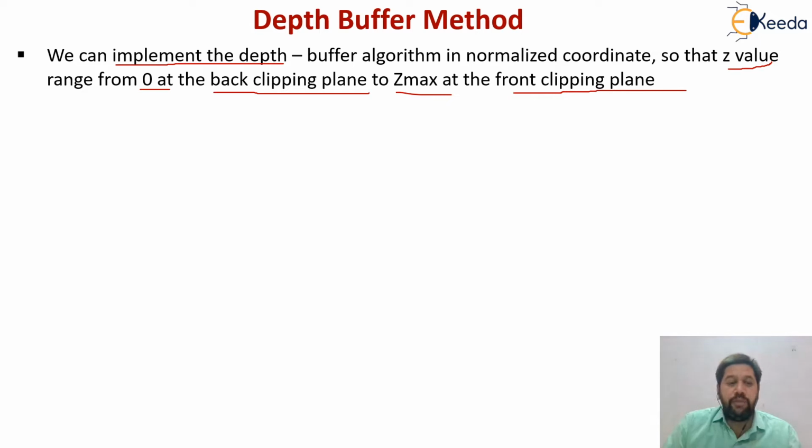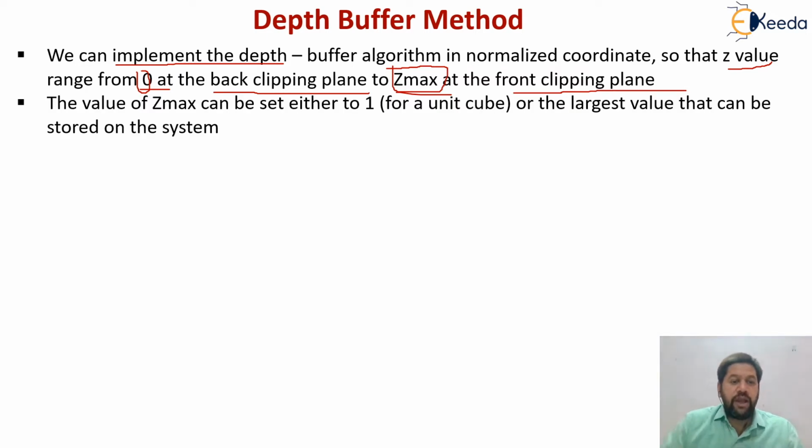So my Z value will move from 0 to Z maximum. Z maximum indicates the front clipping plane, so the pixel whose Z value is maximum is visible; that surface is visible.